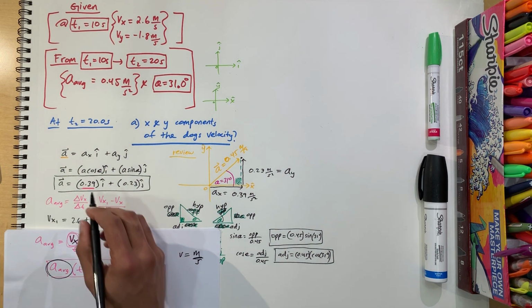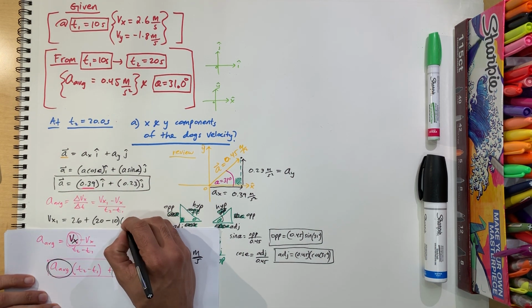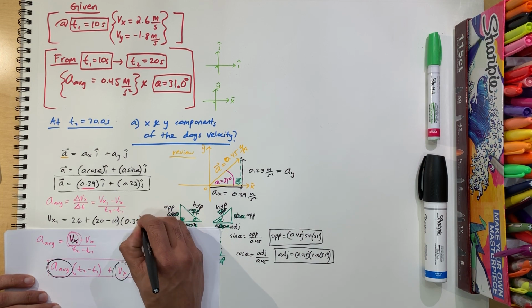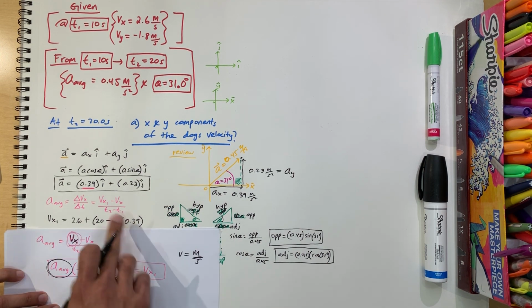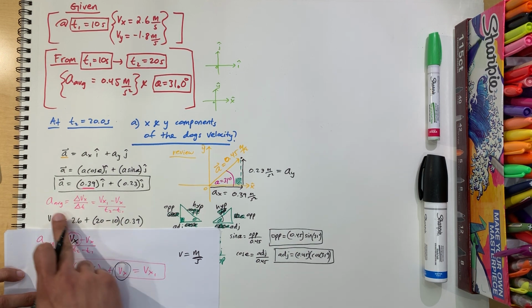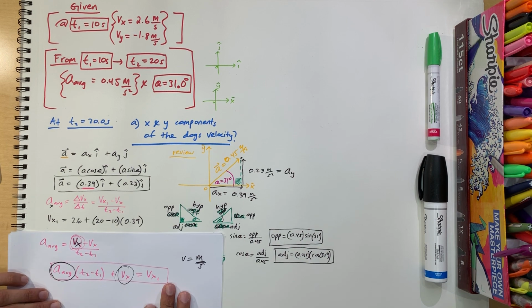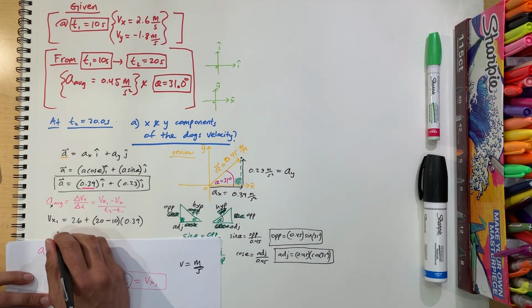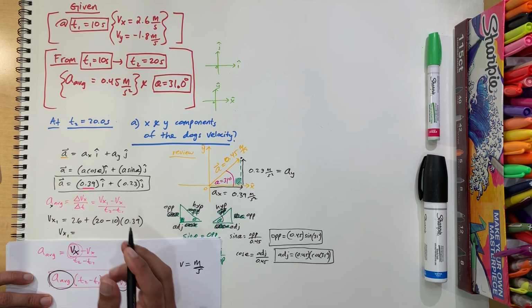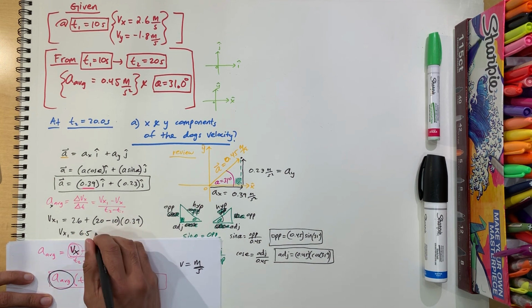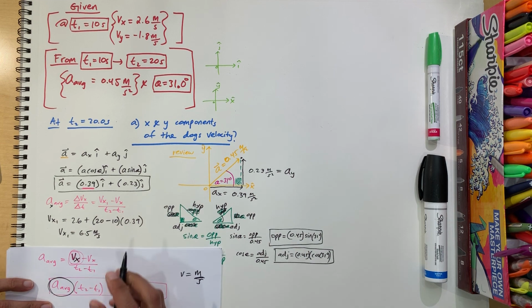So that's a big spot to mess up right there. So we're gonna use 0.39, because we're only looking for the x average acceleration, which maybe I should just write there. All right, and we got everything. So now we'll put that in the calculator, and we should get 6.5 meters per second.